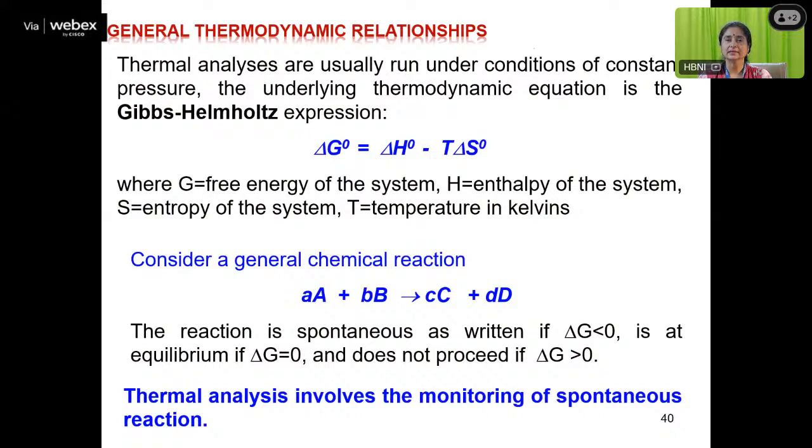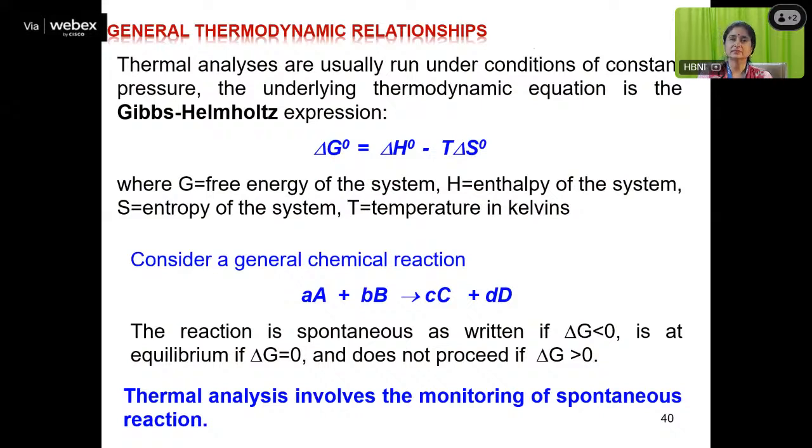So whether this reaction is spontaneous, non-spontaneous or in equilibrium can be told by calculating its free energy change. If it is spontaneous, then delta G, the free energy change, will be negative.